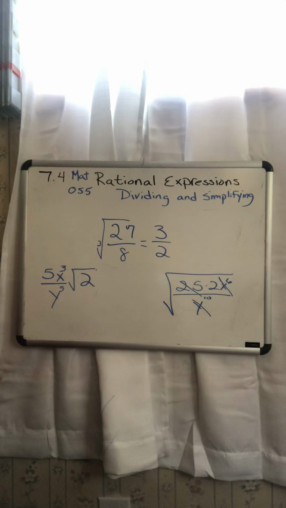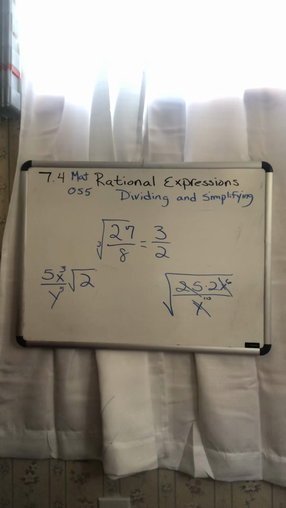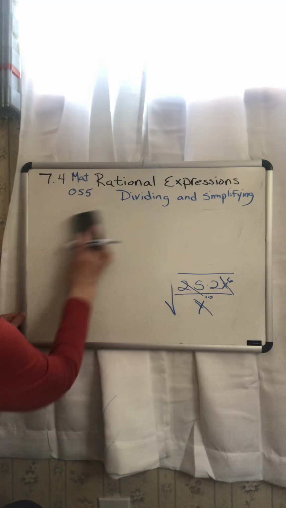Okay, let's look at the next example. Our next example is 32 divided by 2, and they're both square roots.